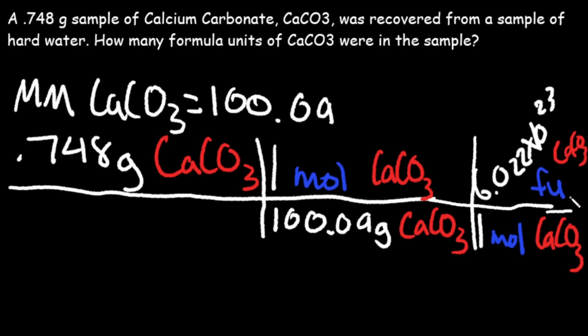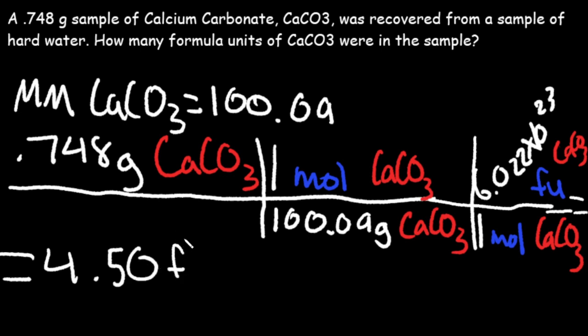So all you have to do now is plug it into the calculator. 0.748 grams divided by 100.09, and then you multiply by 6.022 times 10 to the 23rd formula units, and you'll get, wait, my bad, 4.05 times 10 to the 21.